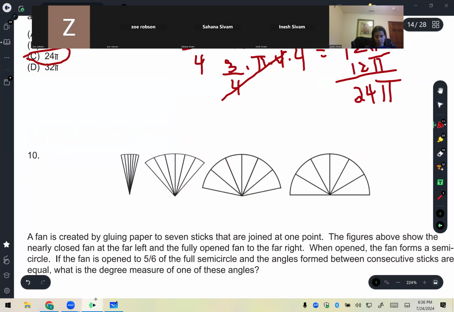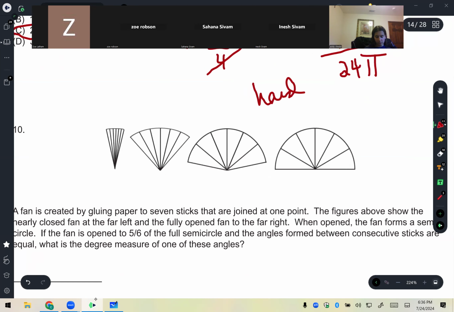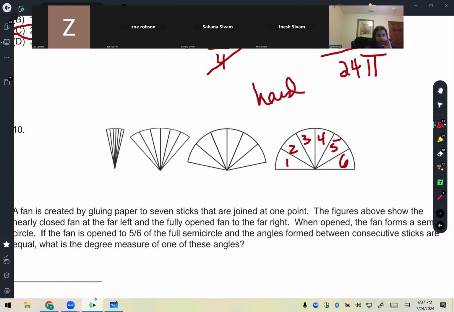This also was a hard one. A fan is created by gluing paper to 7 sticks that are joined at one point. So basically, if the fan was opened all the way, each of the angles would be 30. But the fan's only open to 5/6 of the 180, which would be 150.